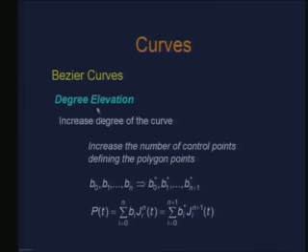So, an additional control point basically implies changing the degree of the curve, because the degree of the curve is directly related to the number of control points I have. If I want to increase the control points, I am basically implying an elevation of the degree of the curve.